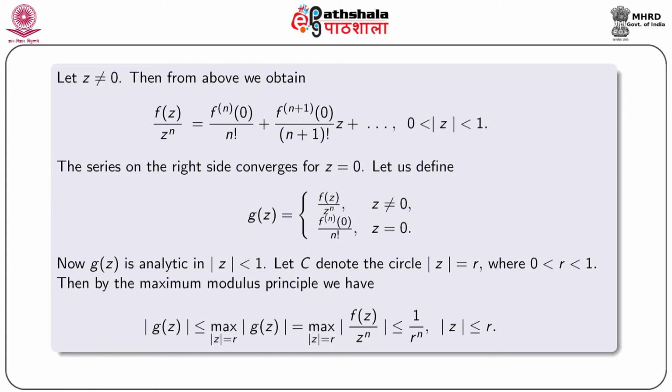Let C denote the circle mod z equal to r where 0 less than r less than 1. Then by the maximum modulus principle we have mod g(z) less or equal to the maximum over mod z equal to r of mod g(z), which is equal to the maximum over mod z equal to r of mod f(z) by z to the power n, which is less or equal to 1 by r to the power n, where mod z is less or equal to r.